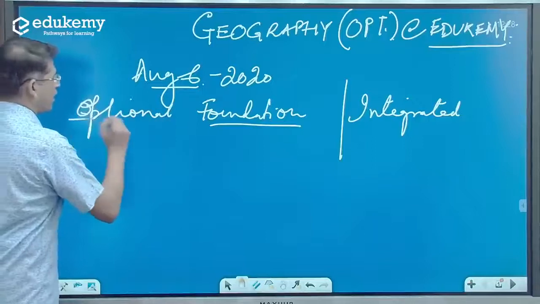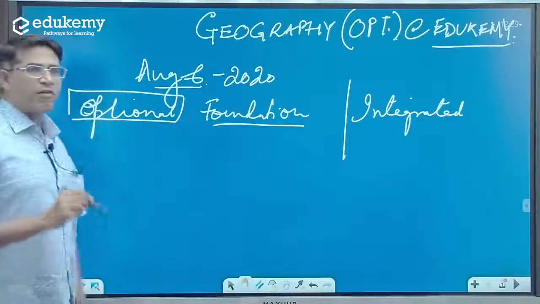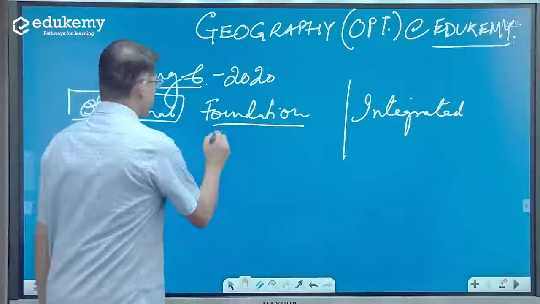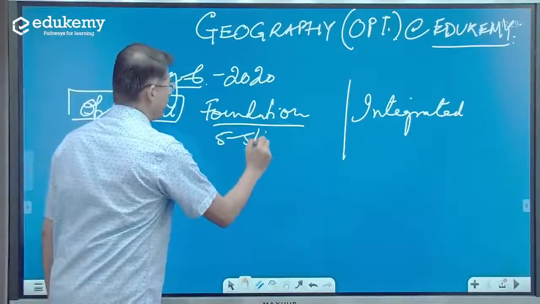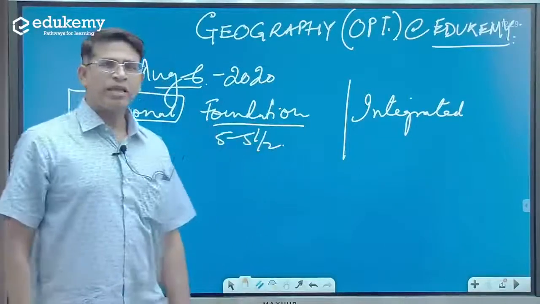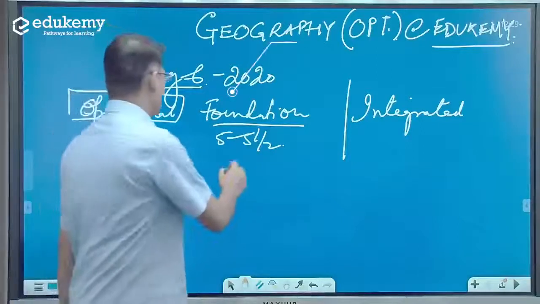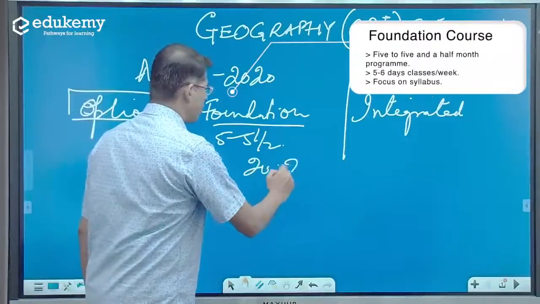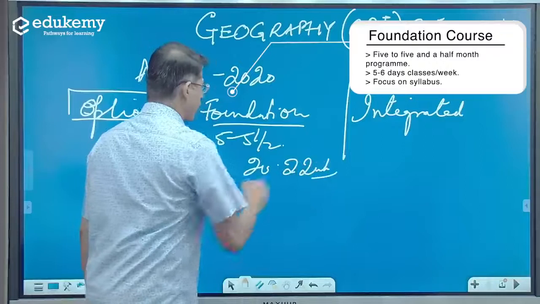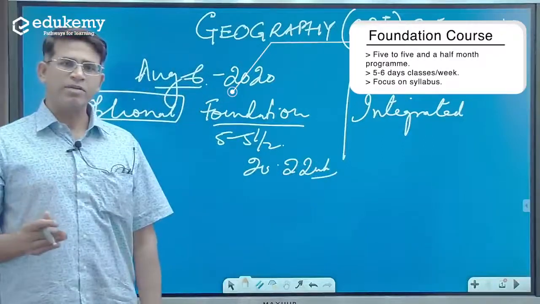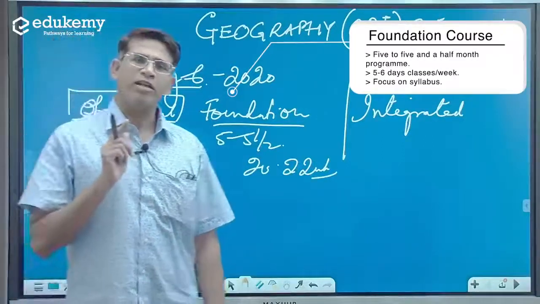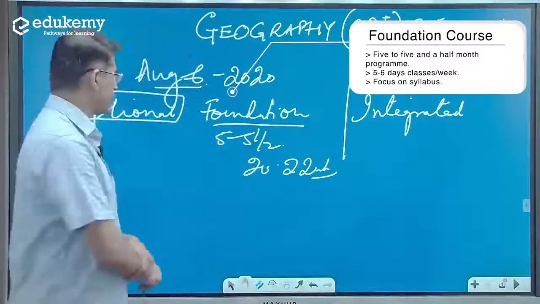For optional, the foundation course is essentially a 5.5 months program. It will require approximately 20 to 22 weeks, where we cover the syllabus of your geography for the UPSC IES examination.